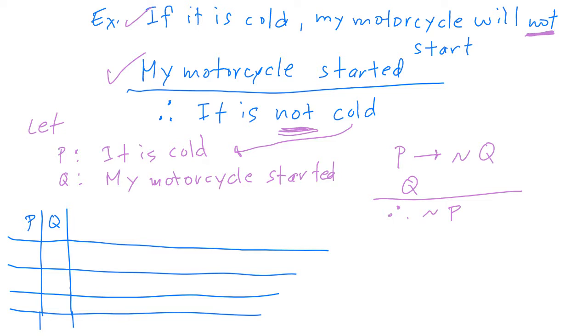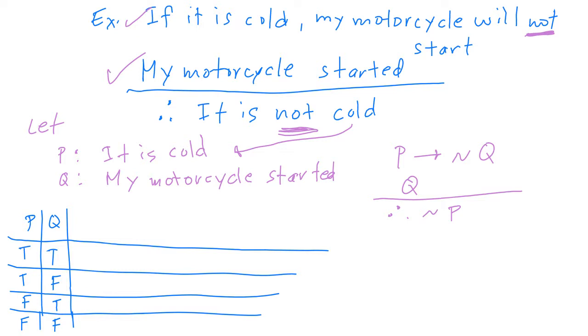So we'll have TF alternating, then TT, and then FF on the first column. Then we're looking at not.